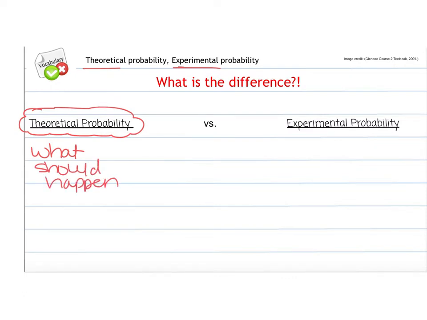And then the experimental probability is what actually happens. So this deals with an experiment or a simple event where it occurs more than once, and we're trying to figure out the theoretical and experimental probability of the experiment.